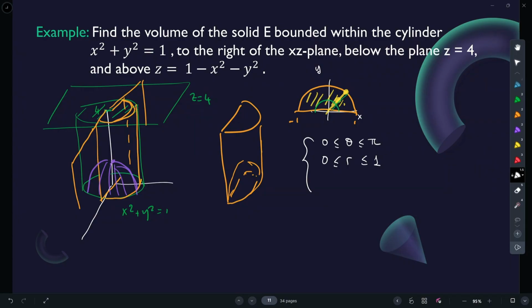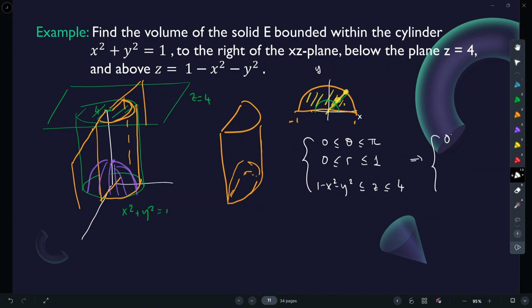And it's the z value that's a little bit more complicated, because the z value has to be between 1 minus x squared minus y squared and z equals 4. And we almost won in the transformation to cylindrical coordinates, except that there is still some x and y lingering there.